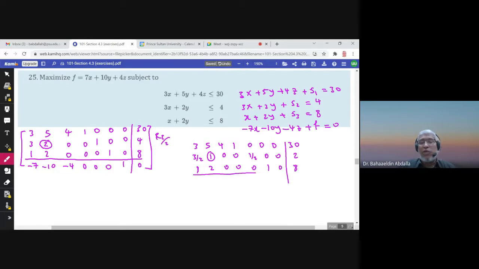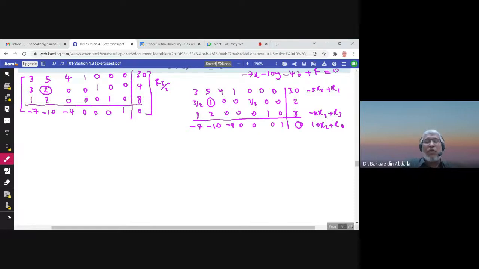And no change in the last row yet. Now we use this one to make all of these numbers zero. So a negative 5R2 plus R1. Negative 2R2 plus R3. 10R2 plus R4. And now we obtain a new matrix.